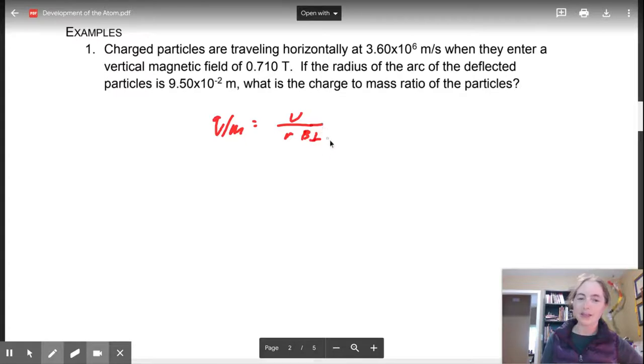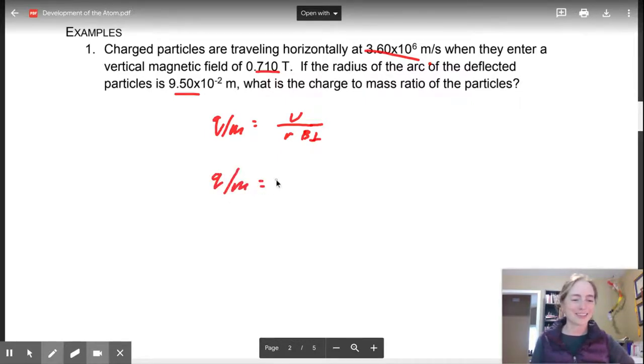And now we're going to plonk in the numbers that we've already written down on the previous section of the video into our equation to get our charge to mass ratio. So the speed of our particles, ladies and gentlemen, is 3.6 times 10 to the power of 6 meters per second. And then we have our magnetic field and our radius.